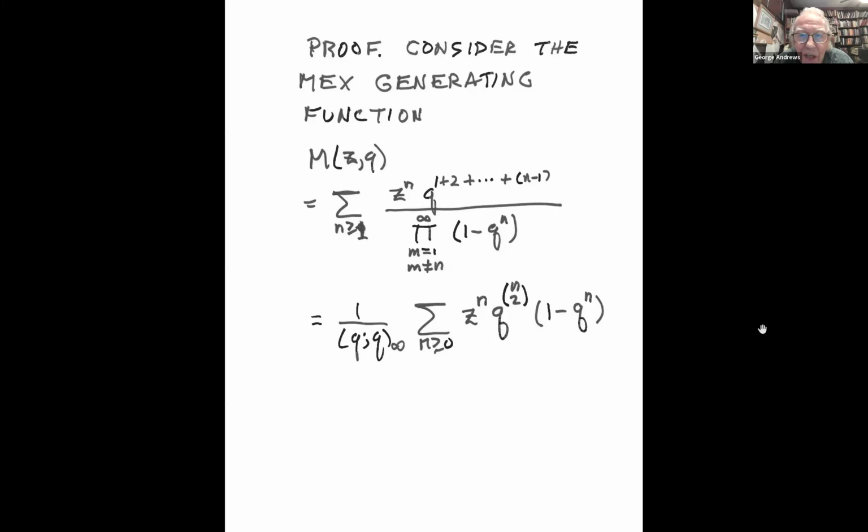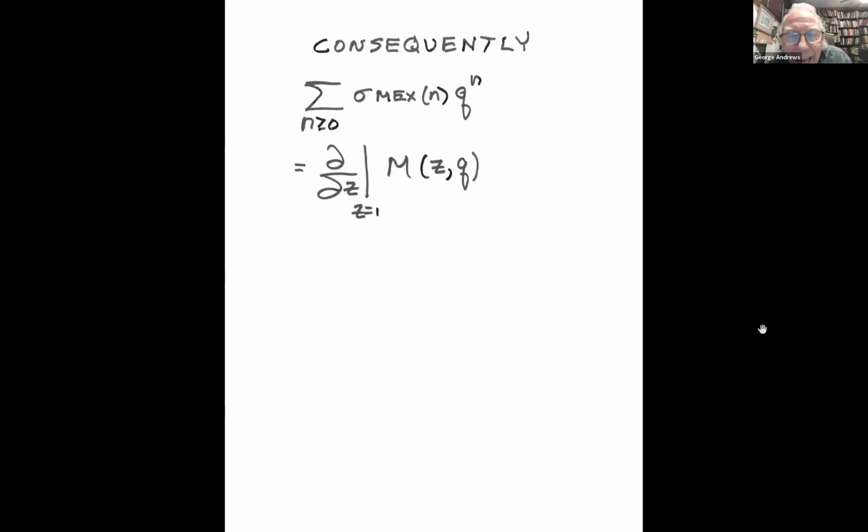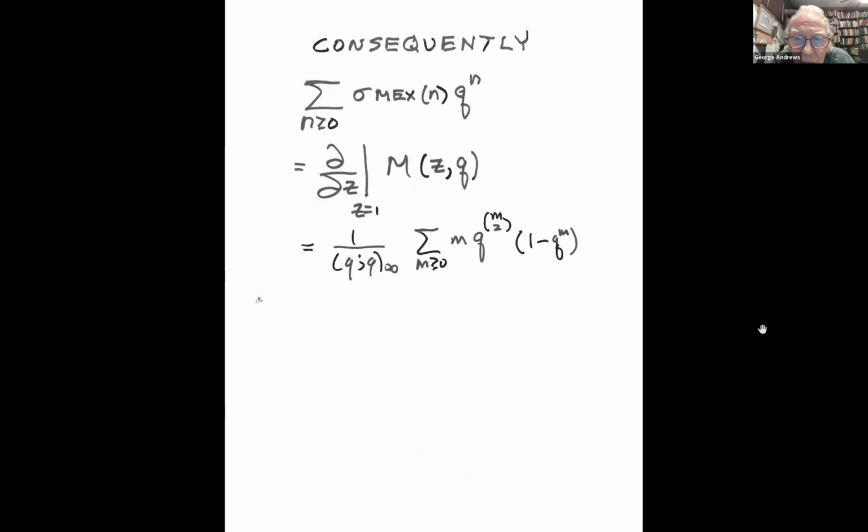this is the generating function in z and q. And in order to add up the sum of all minimal excludants, you need to differentiate with respect to z and set z equal to 1. And so you wind up with this as the generating function for sigma mex of n.